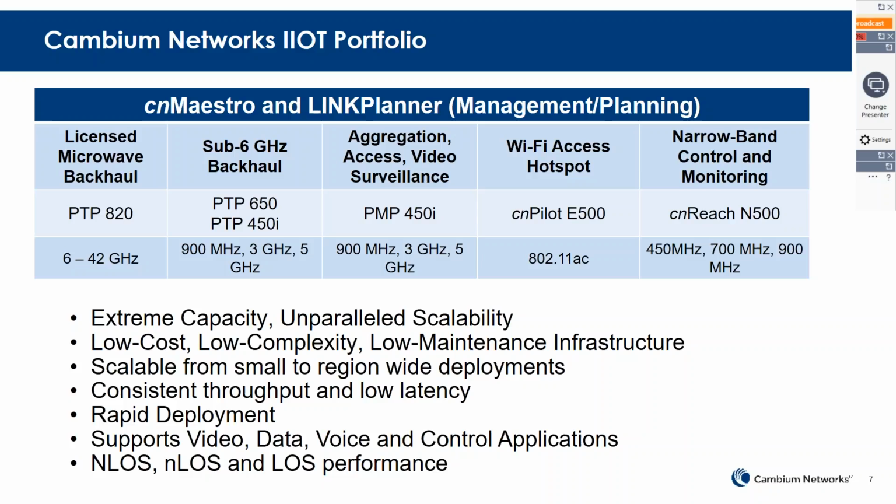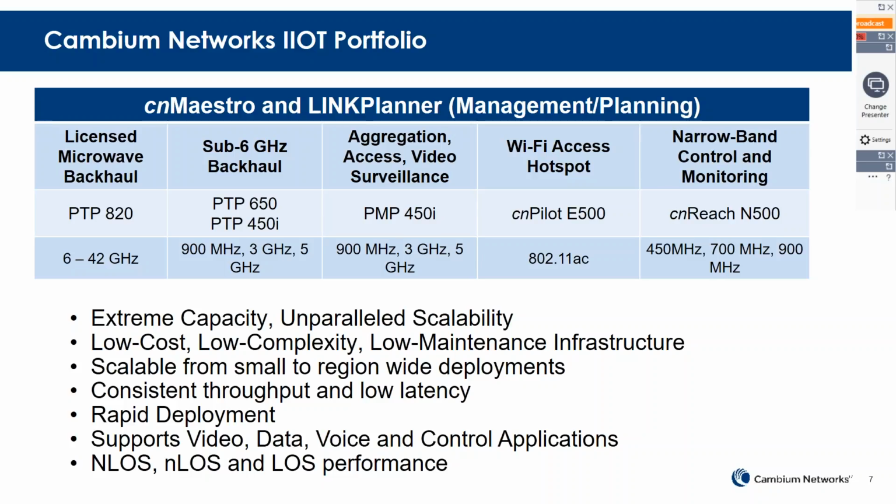In terms of the data rate, the narrow band radios tend to have low data rate, and the broadband radios tend to have high data rate. We give you a few kilobits per second all the way up to more than a gigabit per second. So you see, we give you extreme capacity, unparalleled scalability, low cost, very flexible, low complexity, and very easy to maintain.